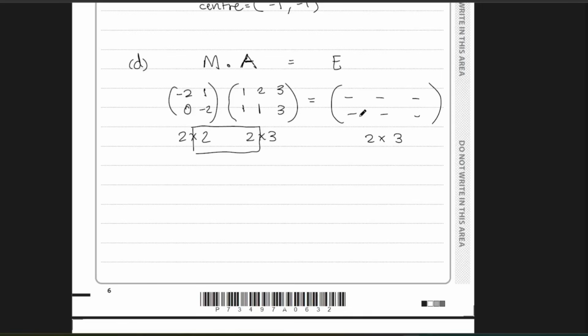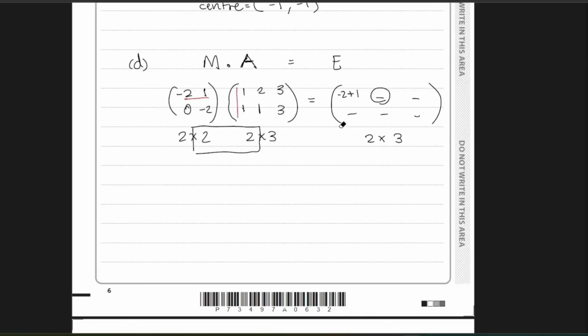So let's multiply. To get the value of this position, we need to multiply the first row of the first matrix with the first column of the second matrix. That will be -2 times 1 is -2. 1 times 1 is 1. So -2 plus 1. We'll do the same for the remaining positions.